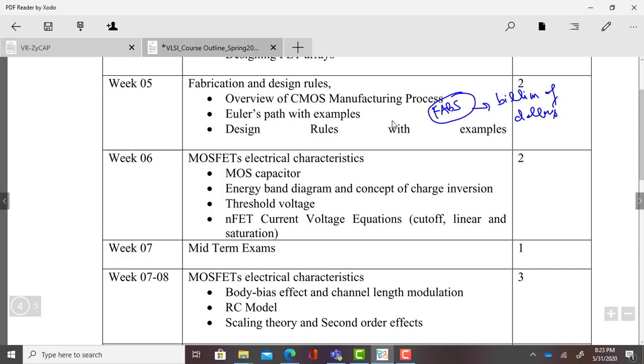And inside these fabs, they take the silicon in raw form and they pass it through several steps to convert it into wafers. Again, we will see inside the course what are wafers, and then they use light as a source for what?